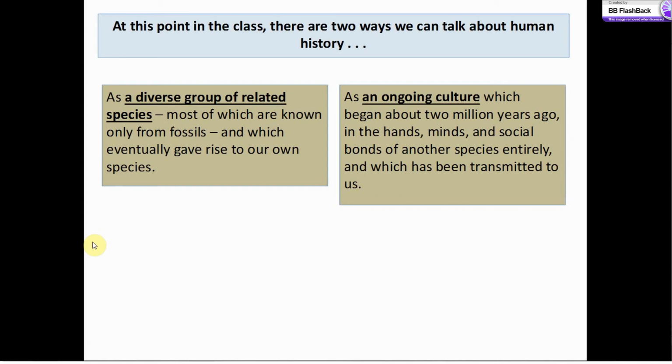So if we look at it this way, this ongoing cultural history of humans, we have to start maybe 12 million years ago or 20 million years ago. And this is really an exciting concept, isn't it? Because we think of ourselves as cultural creatures. We think of humans as the things with culture. We think about our cultures as things that only humans do, right?